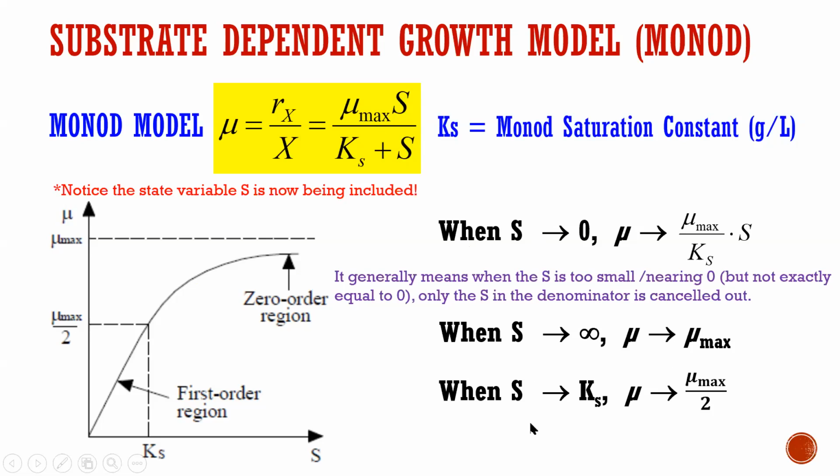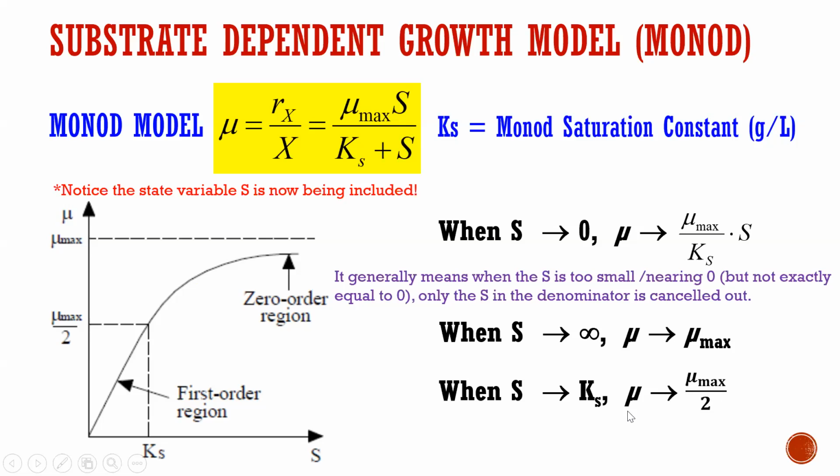And then the third one, when the substrate concentration S is equal to the Monod saturation constant Ks, which is basically in the unit of concentration as well. If S is equal to Ks, you just replace this with Ks, this one as well, so the equation will be mu equal to mu max divided by 2.